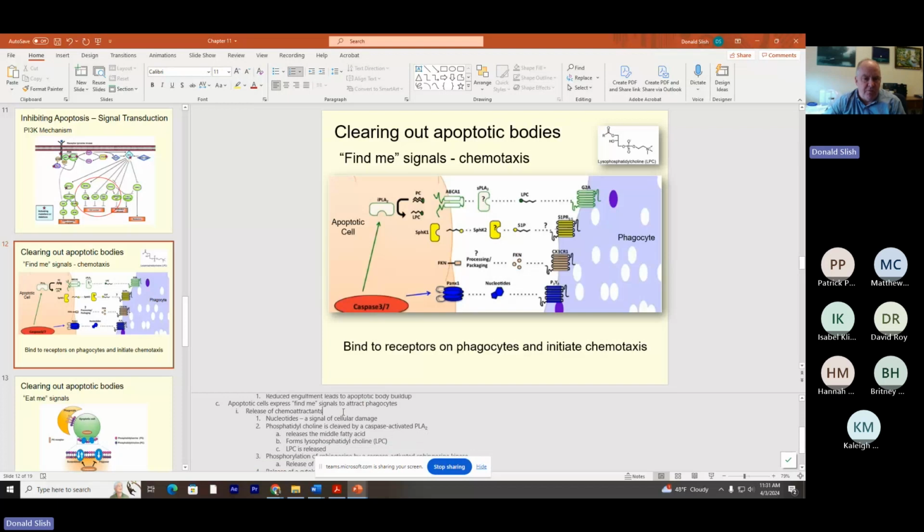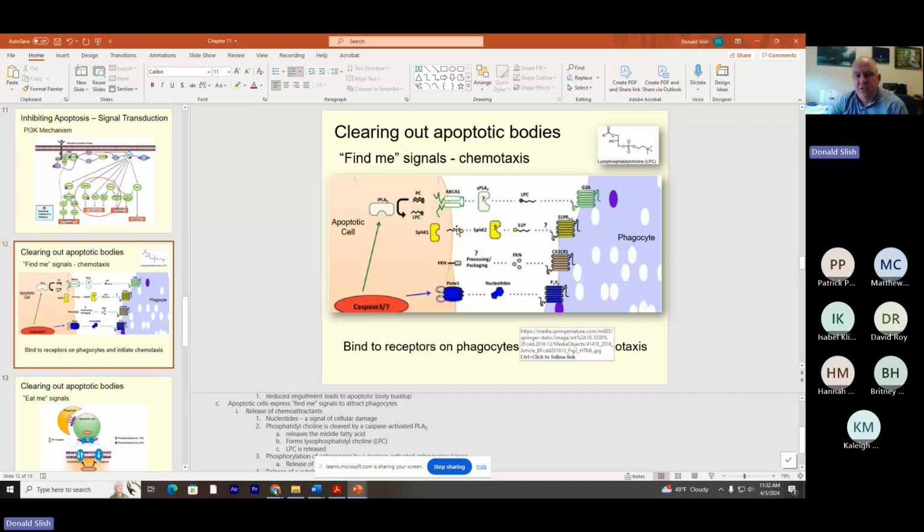Okay. So find me signals are chemoattractants. So we've got lysophosphatidylcholine, so here's your choline phosphate, here's your glycerol backbone, and all we did was take one fatty acid chain off, and we get LPC. So LPC is a chemoattractant. This is sphingosine phosphate.